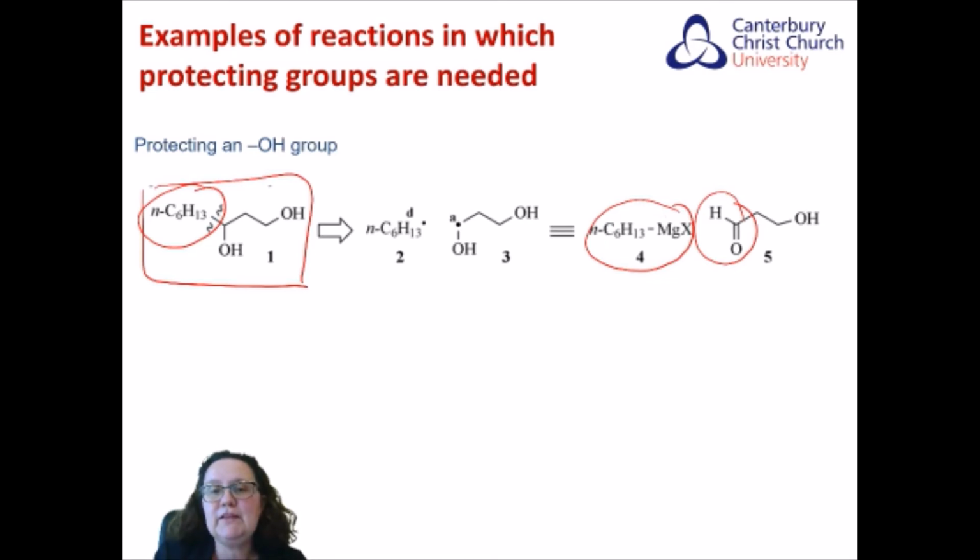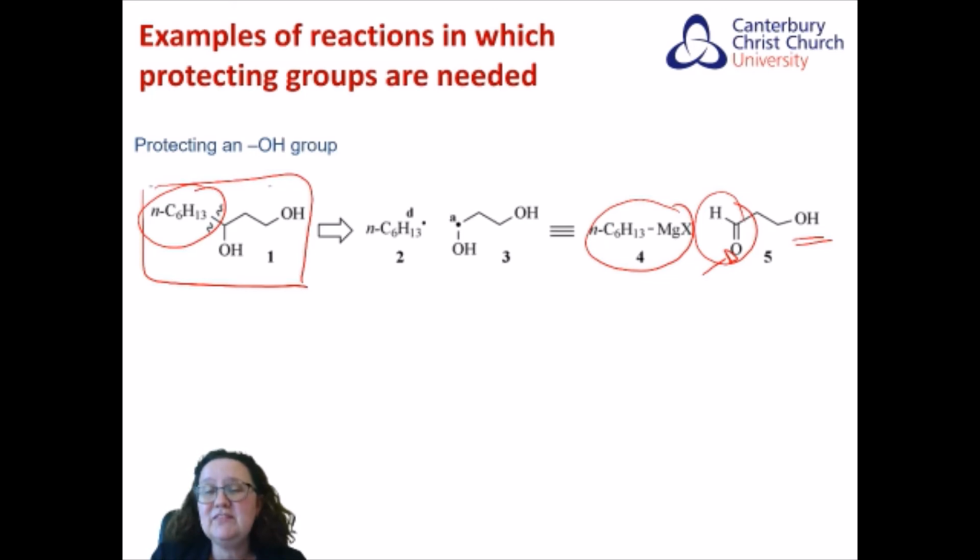And the idea is that your Grignard reagent only reacts with the carbonyl group from the aldehyde. However, the presence of this hydroxyl group might be a problem, because you could form an alkoxide with the Grignard reagent, which would change the solubility of the product.